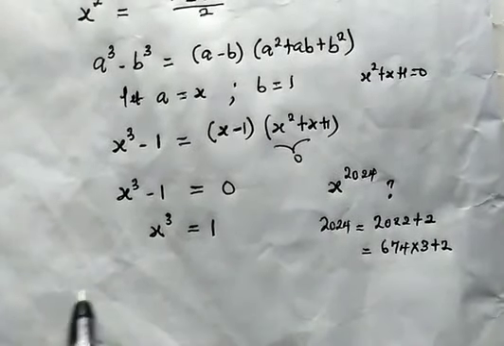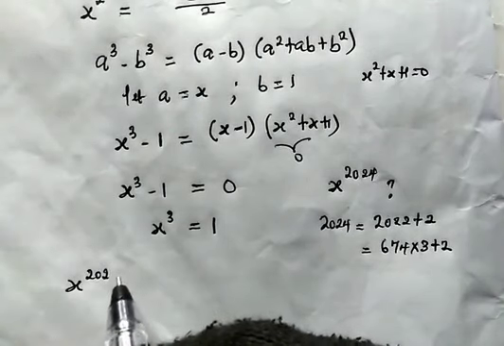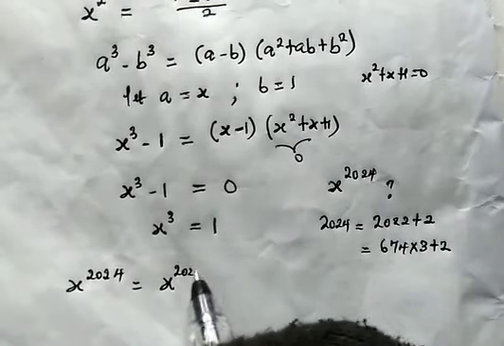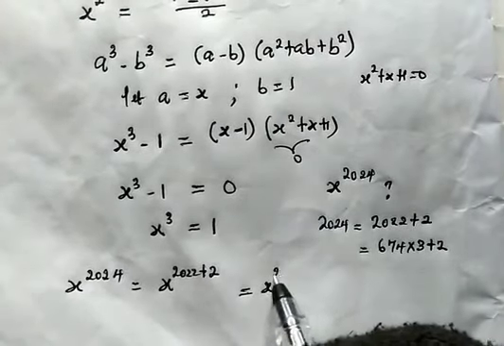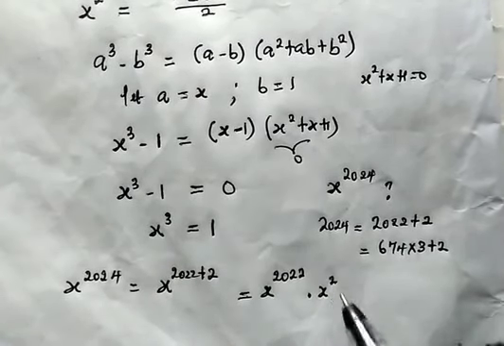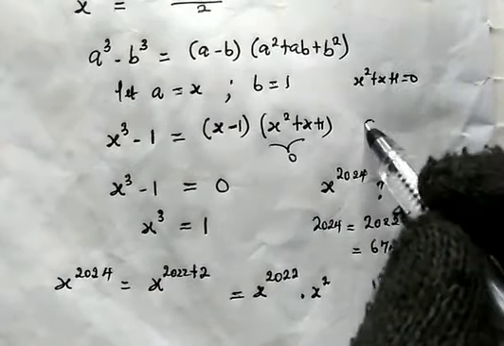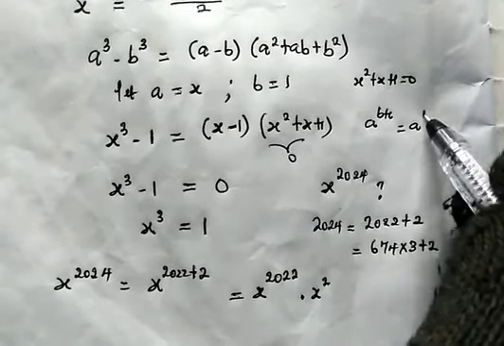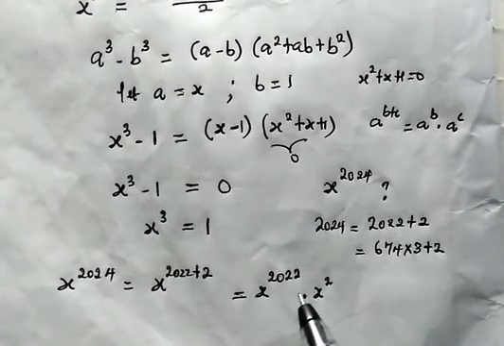So x to the power of 2024 is equal to x to the power of 2022 plus 2, which is equal to x to the power of 2022 multiplied by x squared. What is going on here? Nice question. Recall that a to the power of b plus c is the same as a to the power of b multiplied by a to the power of c.